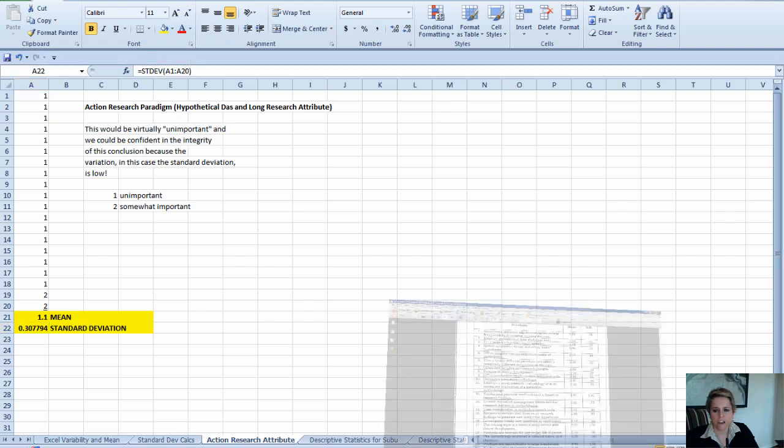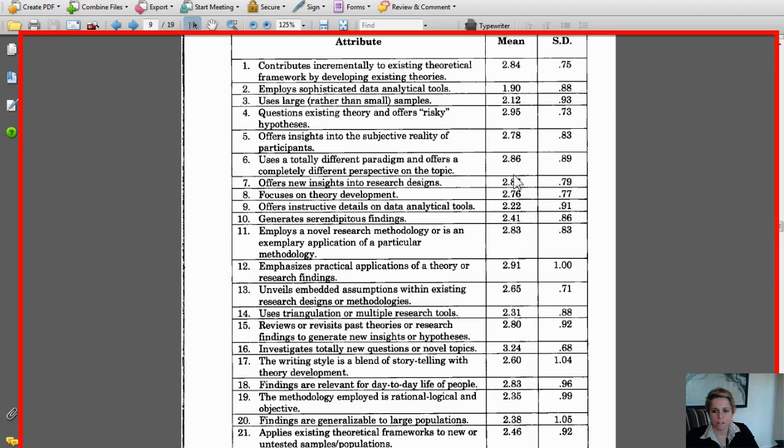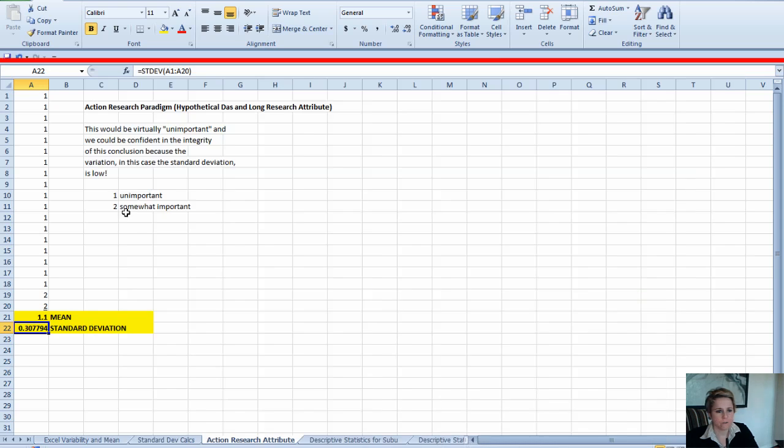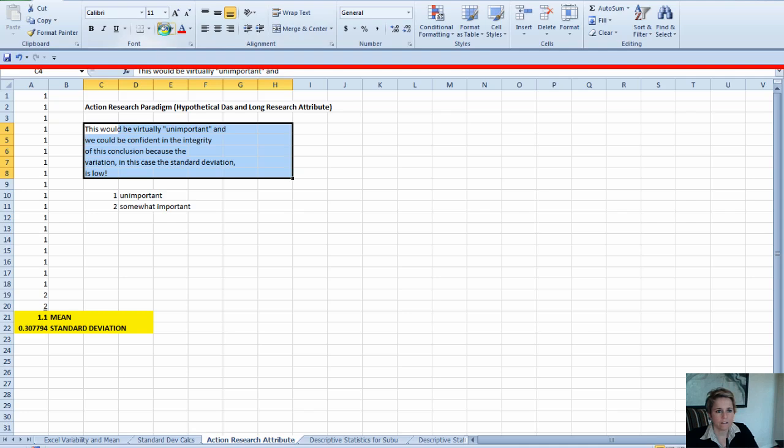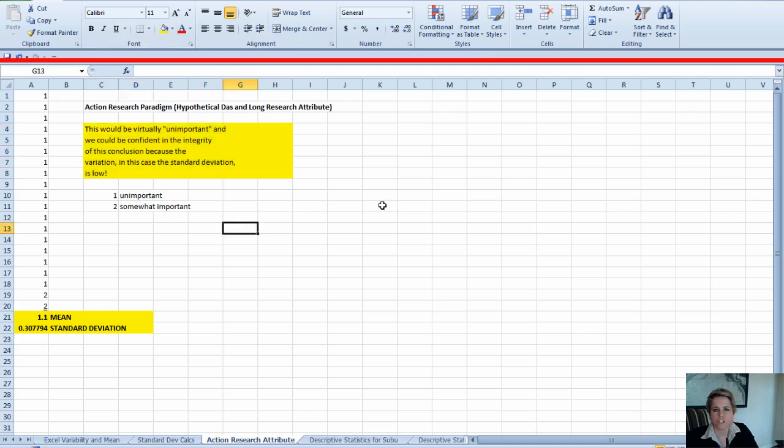Now let's compare it to everybody else. Whoa. The lowest one is a 1.9. So this would be far below everybody else in terms of the mean. So what we could conclude on the basis of just looking at the mean alone would be this is pretty much unimportant, and we could be confident in the integrity of this conclusion because the variation, in this case the standard deviation, is low.